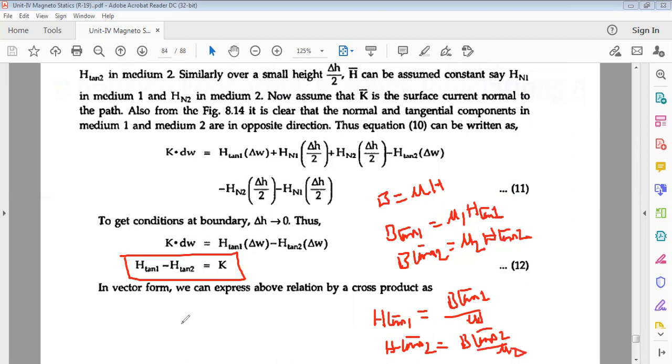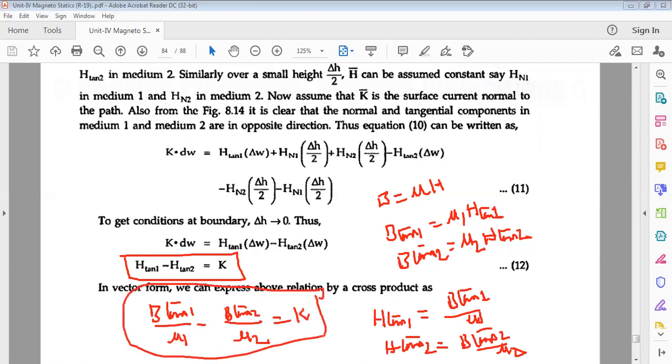So subtract these two and equate to K. So B tan 1 by mu1 minus B tan 2 by mu2 is equal to K, in the scalar form. Got it, my dear students?